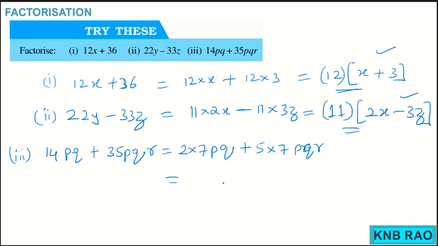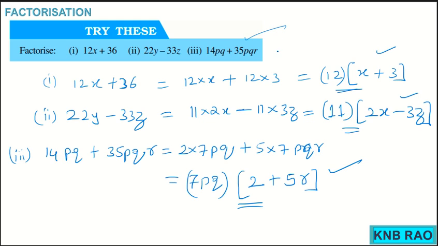In this, 7 is a common factor, p is a common factor, q is a common factor. So the common factor of the terms is 7pq. When I take that out, I am left with only 2 here plus here 5 and r. So 7pq into 2 plus 5r is the factorization of the given third algebraic expression.